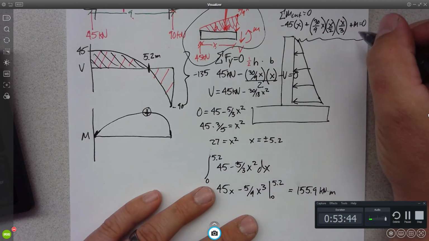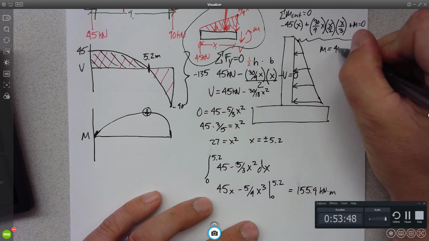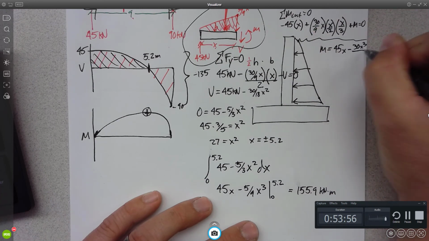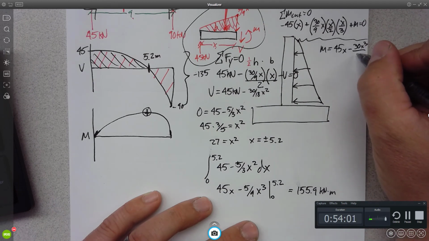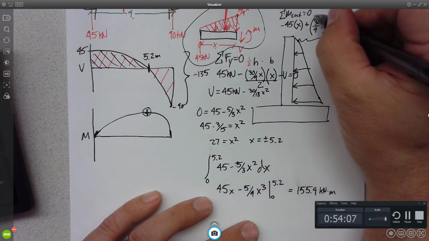What does this look like? We're going to end up with M is equal to 45x minus 30x cubed divided by 6 times 9, which is 54. Is that right? Yeah, where did I get the x divided by 3? This is the force.